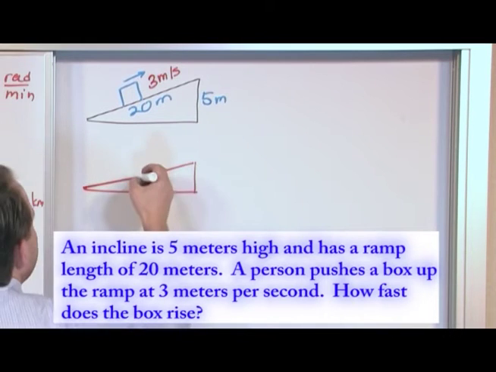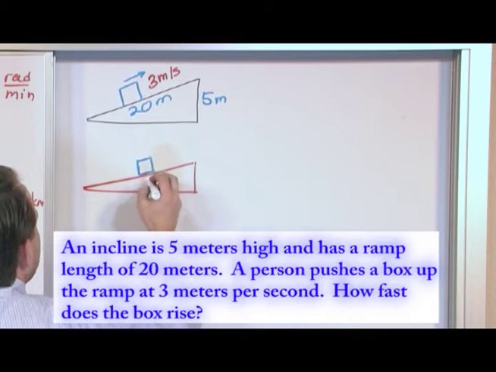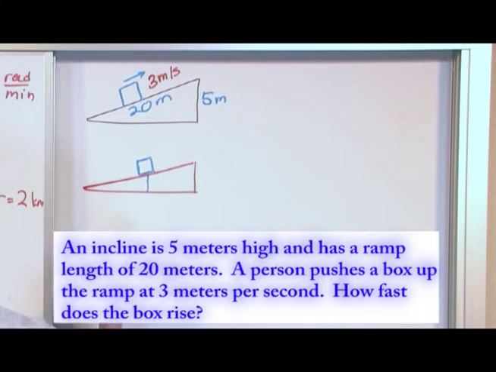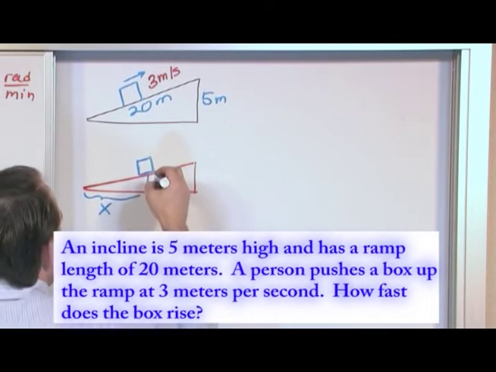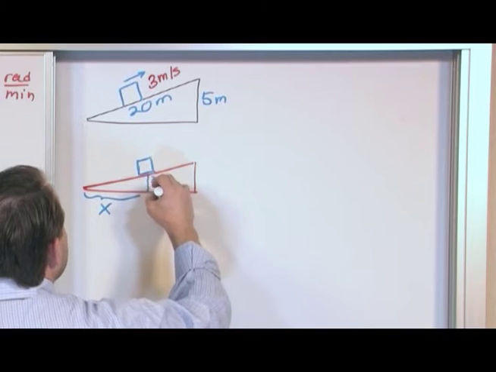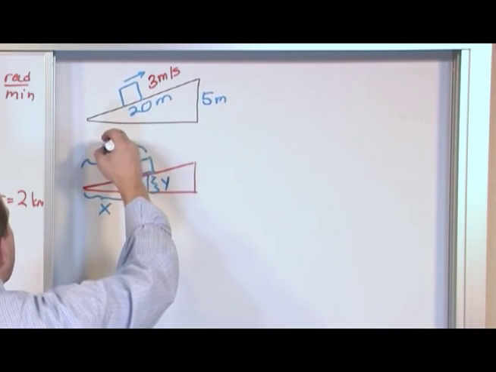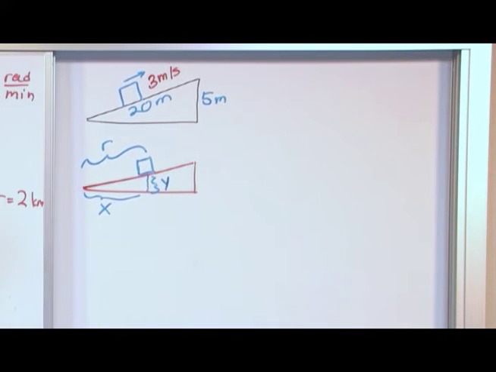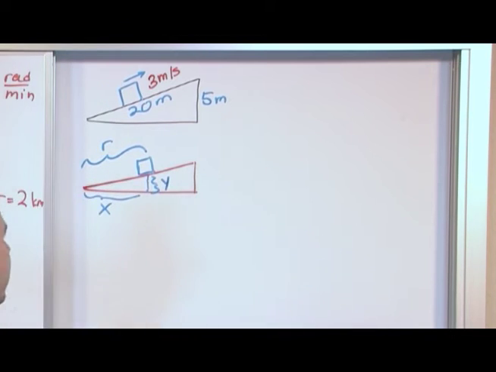But at any given moment, let's say the box is right here. Then you can draw a dotted line and say that this distance I've traveled horizontally is called x, this distance I've traveled vertically is called y, and this distance I've traveled along the ramp is r. That's step 2 we talked about: let's label things ourselves.